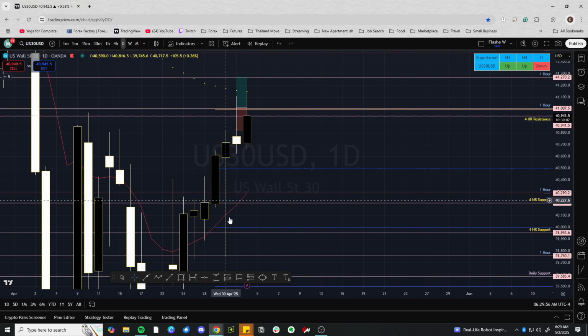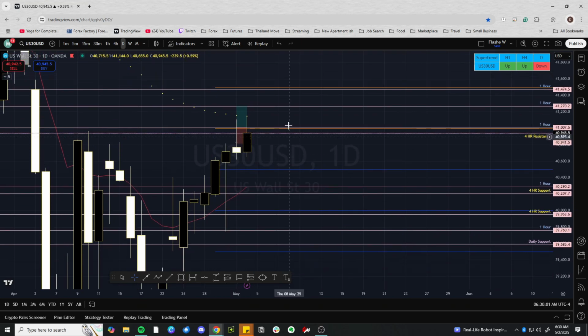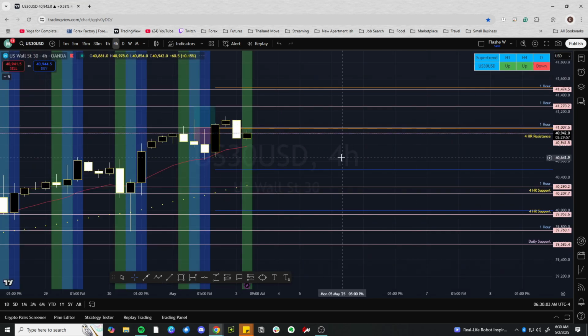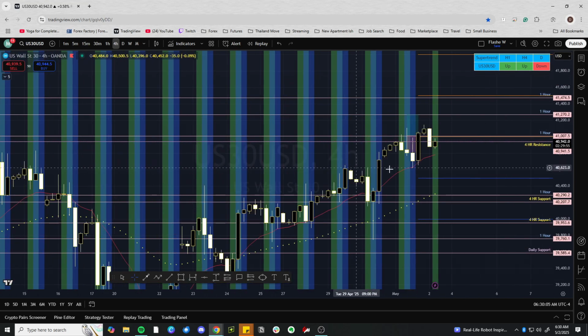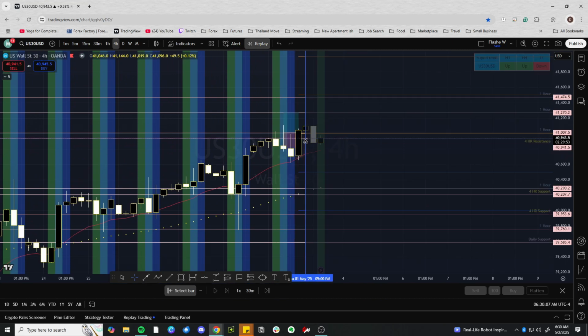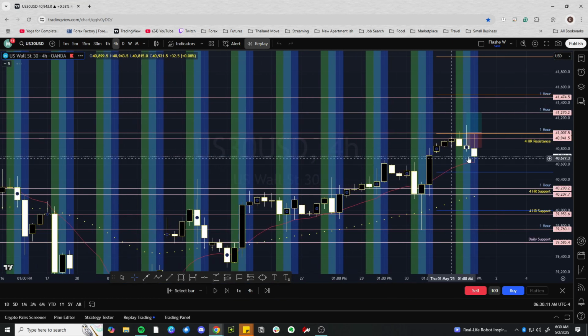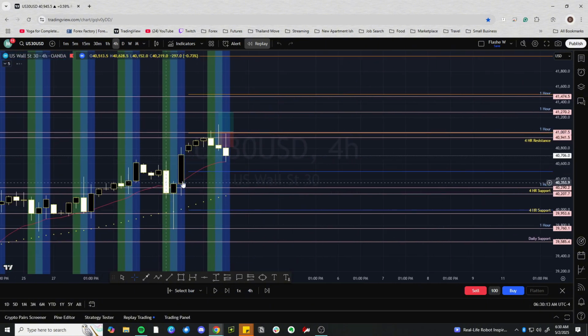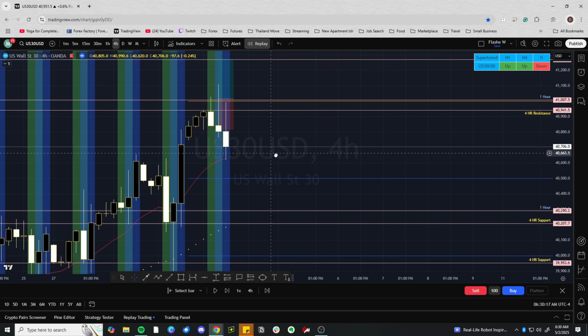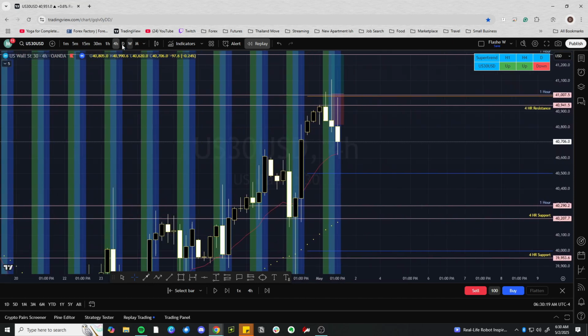So basically just zooming out, we will be clearing the chart and doing a new analysis, but just going through the time frames to see what happened yesterday. So I'm going back just so you guys can see where the chart was yesterday when we were doing our analysis, and then basically what happened after that.